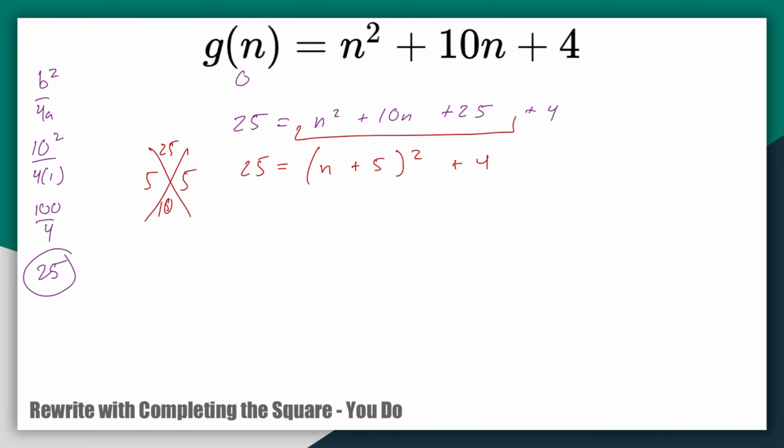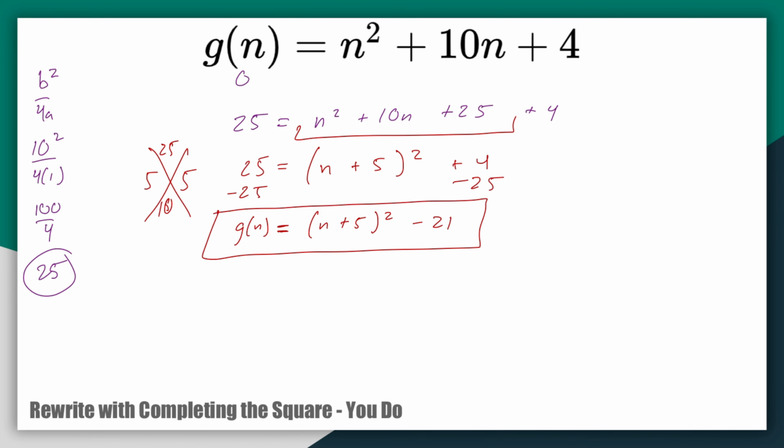At this point, you get it equal to 0. Subtract that from both sides, and we'll make this g of n, excuse me. We're going to have g of n is equal to n plus 5 squared, and then we minus 25 for negative 21, and this would be your final answer.